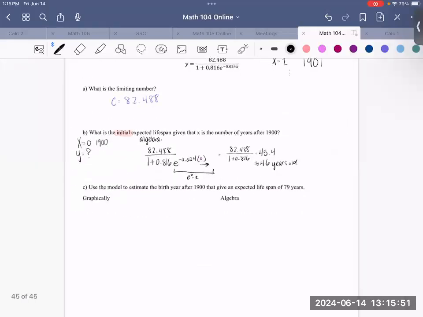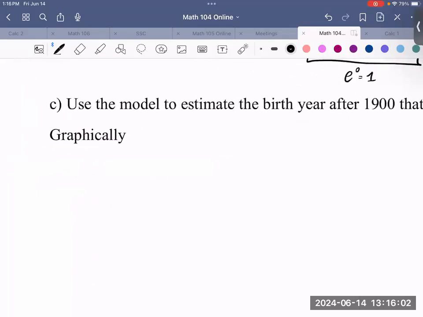Let's try the next one. It says, use the model to estimate the birth year after 1900 that gives you a lifespan of 79 years. So right now, we know y is equal to 79 years. What we don't know is your x value.